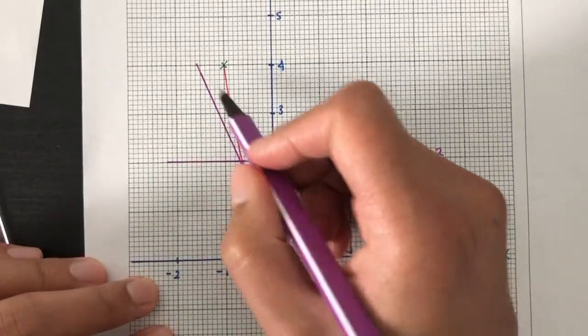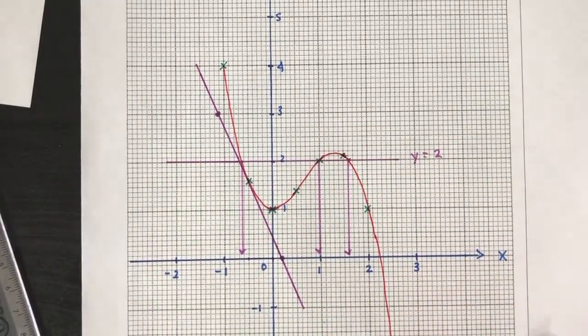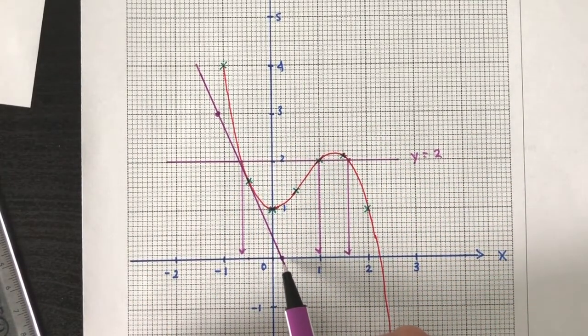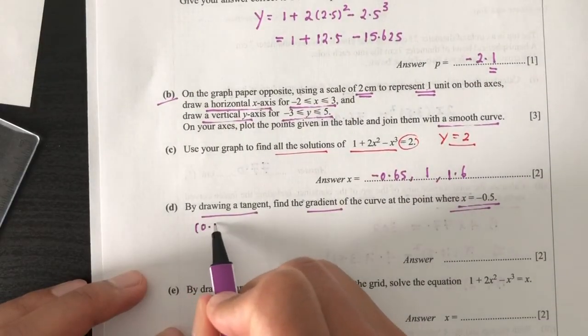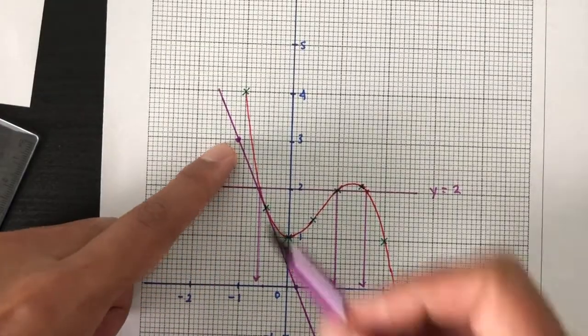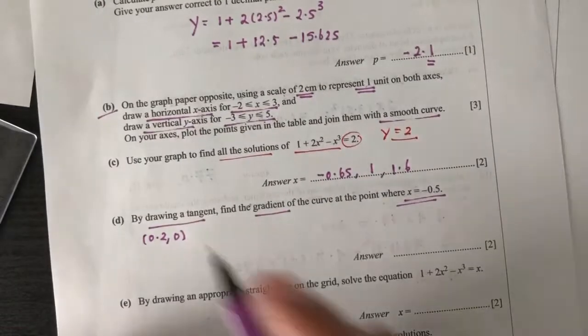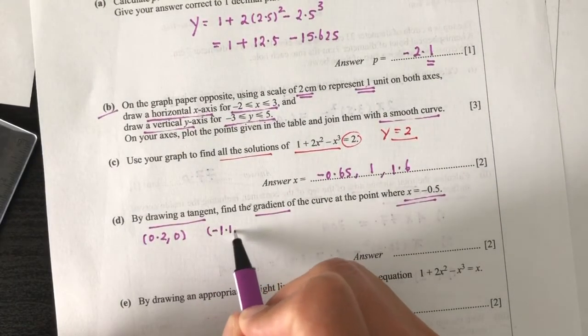The first point is 0.2, 0, and this point will be the values right here, which is minus 1.1 and 3. So minus 1.1 and 3.